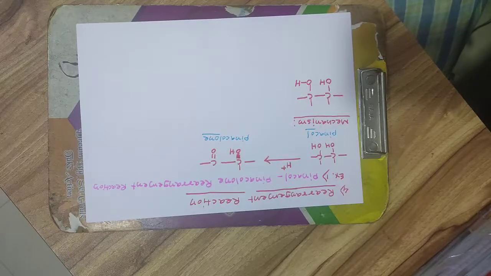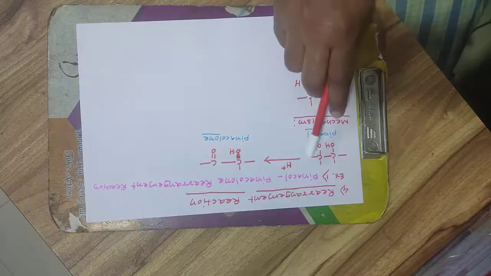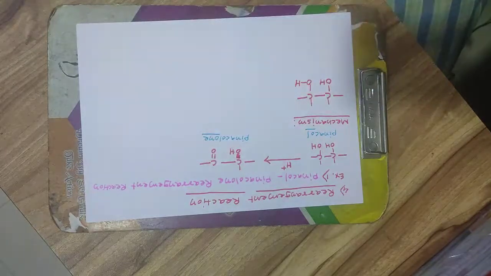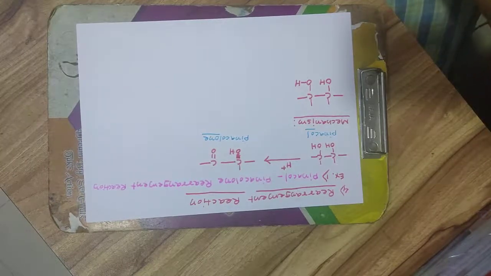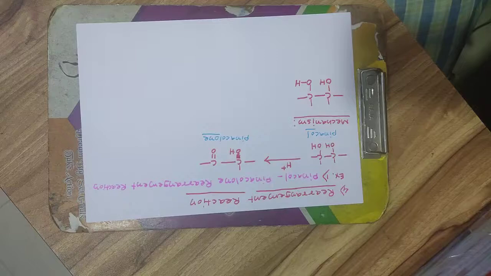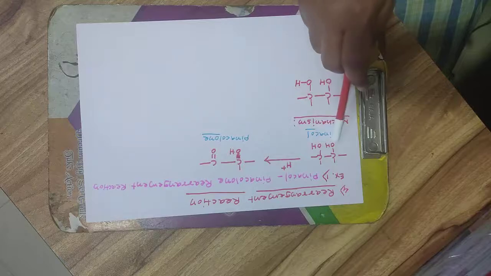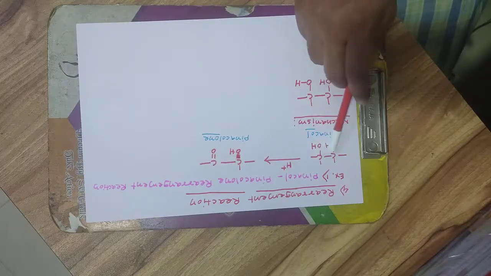For example, the phenol-phenolphthalein rearrangement reaction. In this reaction, phenol is converted to phenolphthalein in the presence of acid. Phenol has 2 OH groups, at positions 1 and 2.